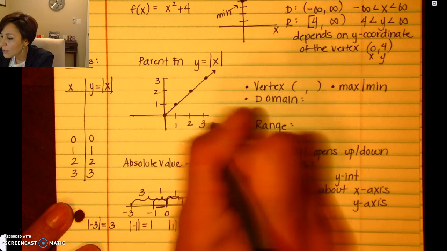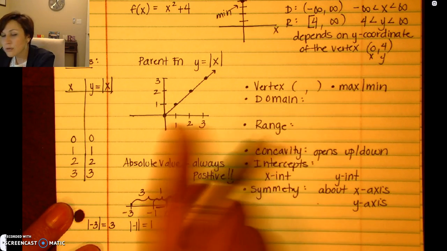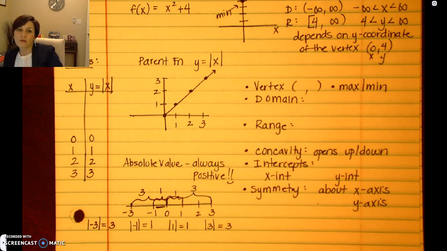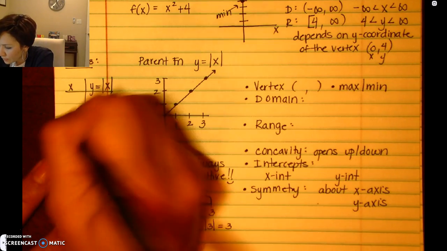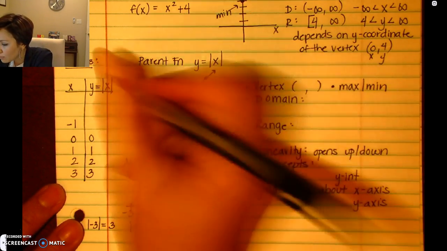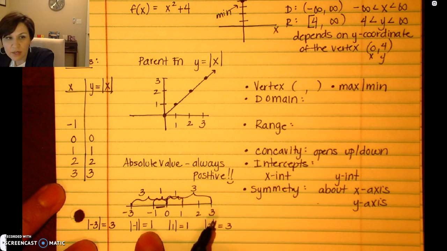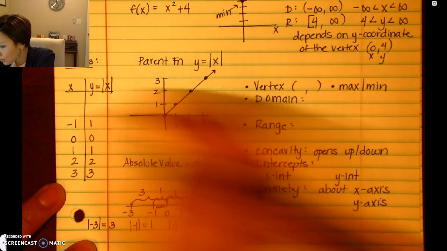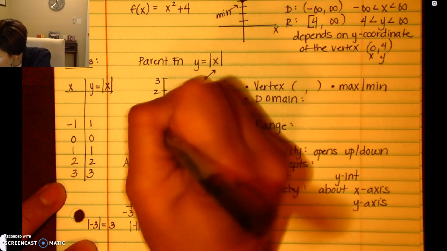Okay, so my domain includes all of the positive real numbers. Does it include the negative real numbers? Well, that's what we're going to see. If I let x be equal to -1, what is the absolute value of -1? You guys told me the distance between 0 and -1 is +1.